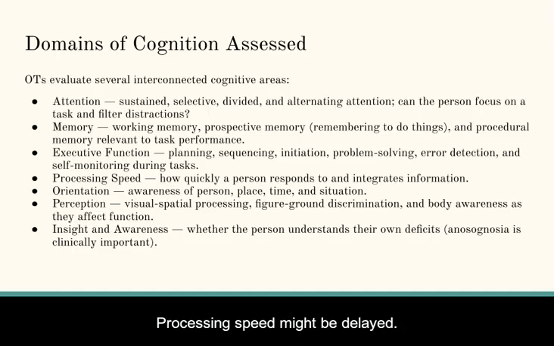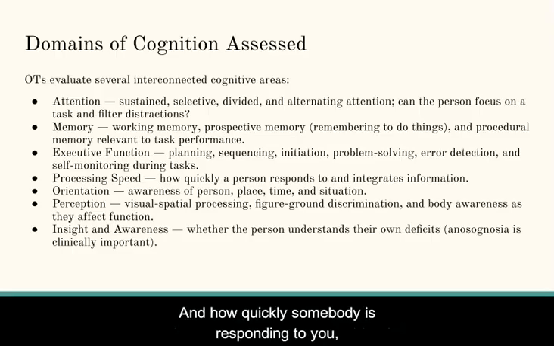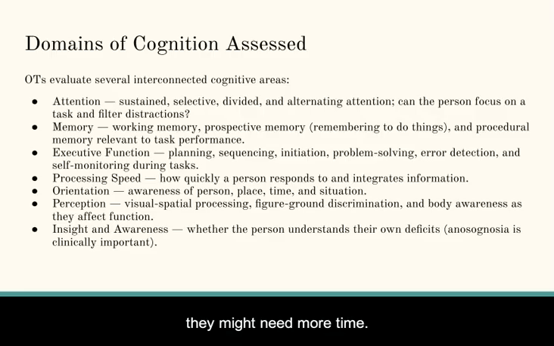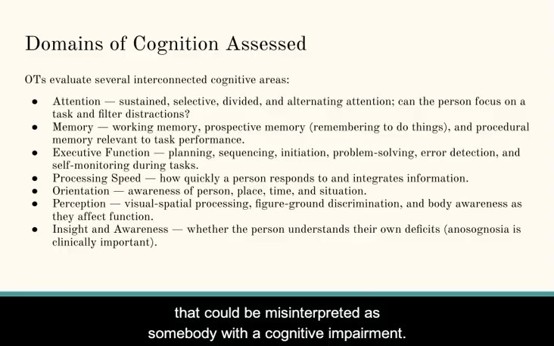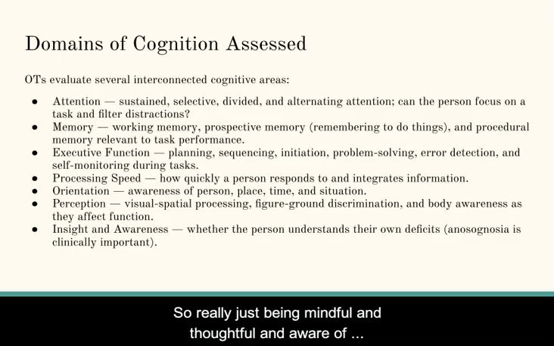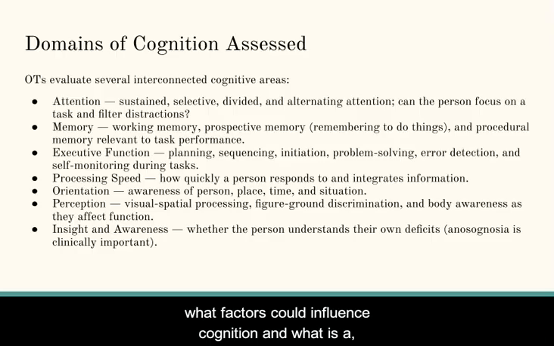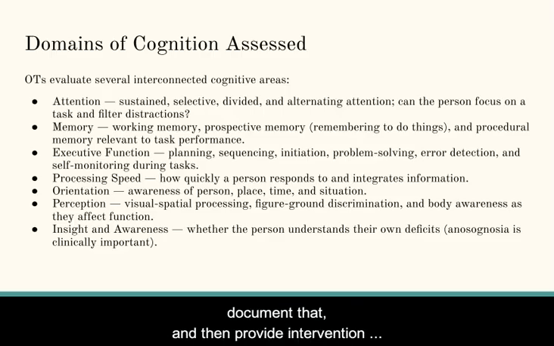Processing speed might be delayed, and they might need more time. Based on needing more processing time, that could be misinterpreted as somebody with a cognitive impairment. So really just being mindful and thoughtful and aware of what factors could influence cognition and what is in fact a cognitive impairment and what is based on other personal factors, and then how you can evaluate that, document that, and then provide intervention for that.